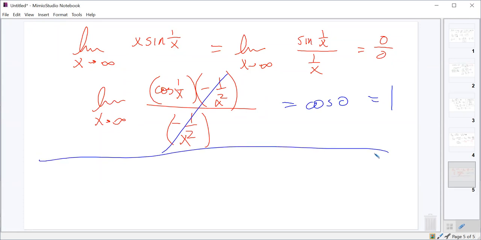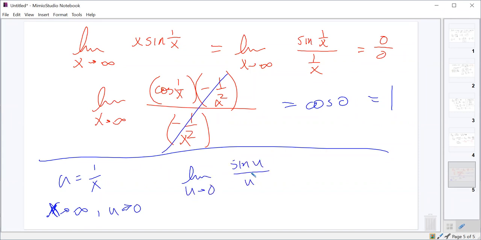Another good option for doing this problem is to let u equal 1 over x. As x approaches infinity, u approaches 0. And so this limit turns into the limit as u approaches 0 of the sine of u over u.